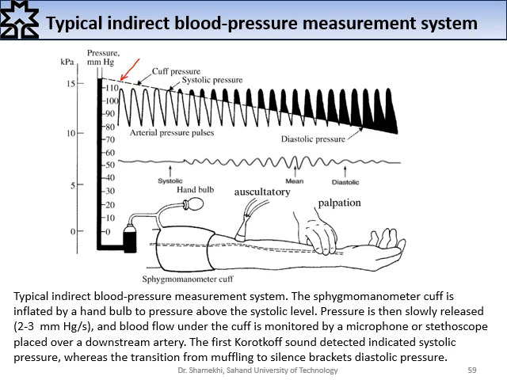Pressure is then slowly released at a small rate, 2 to 3 millimeters Hg per second, and blood flow under the cuff is monitored by a microphone or a stethoscope placed over a downstream artery.